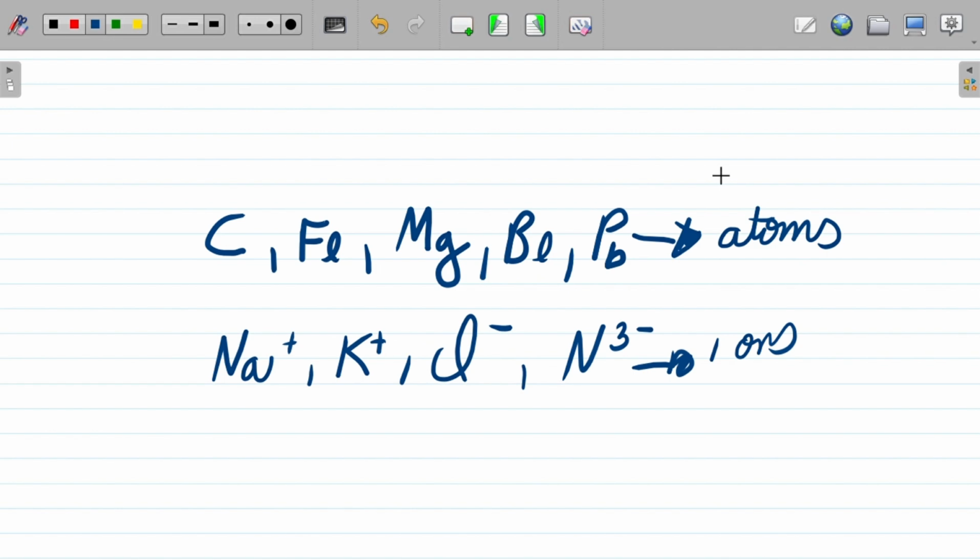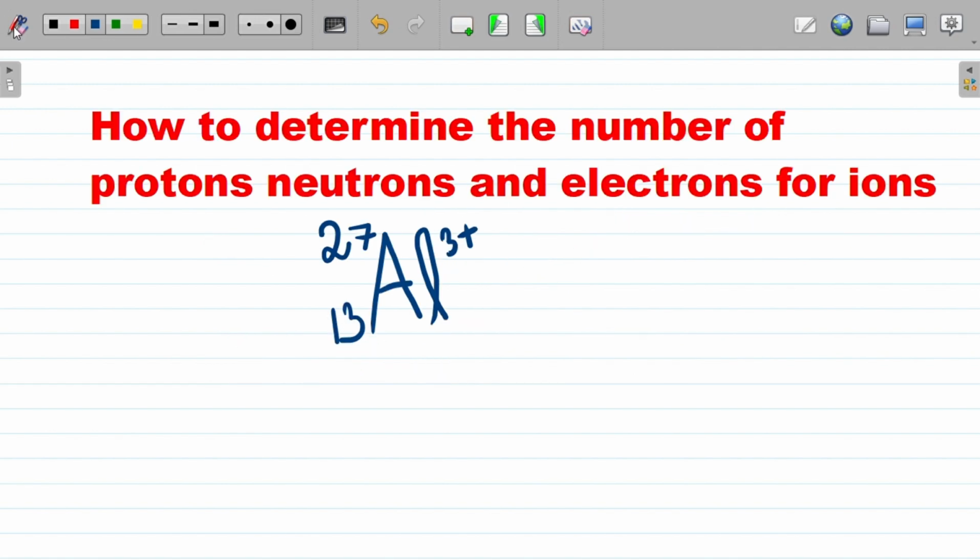Okay, now that we've cleared that up, let's move on to figuring out the number of protons, neutrons, and electrons in ions. We have this first example, aluminum ion with a +3 charge, mass number 27, and atomic number 13. The number of protons, just like with neutral atoms, is equal to the atomic number, 13.